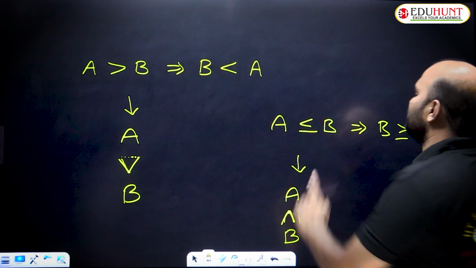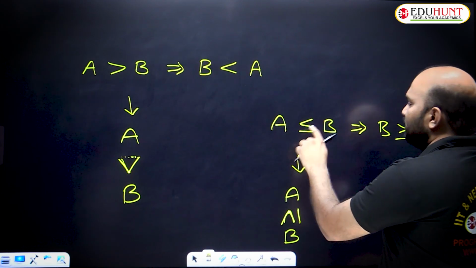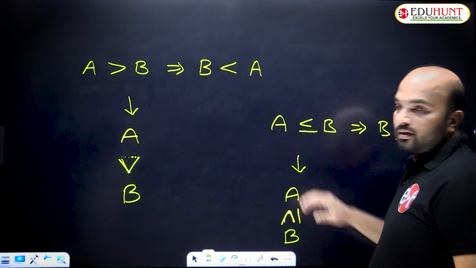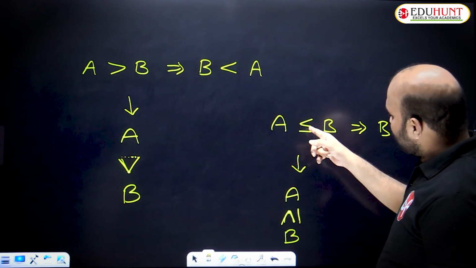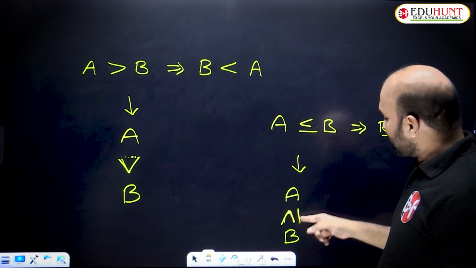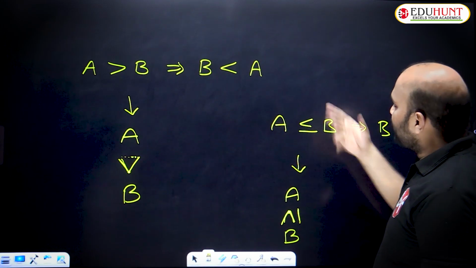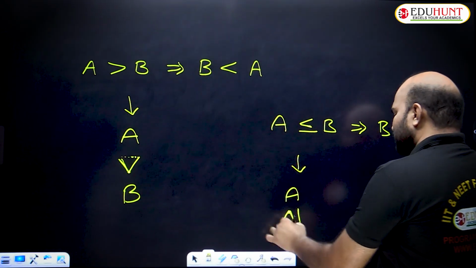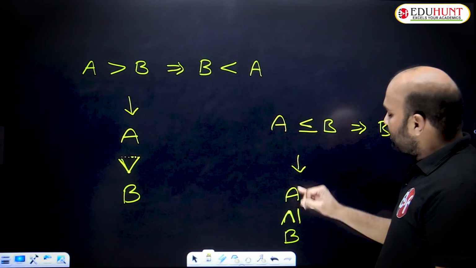If it is written from left to right or right to left, less than or equal to will become greater than or equal to. From A to B it is less than or equal to, and from B to A it will become greater than or equal to.